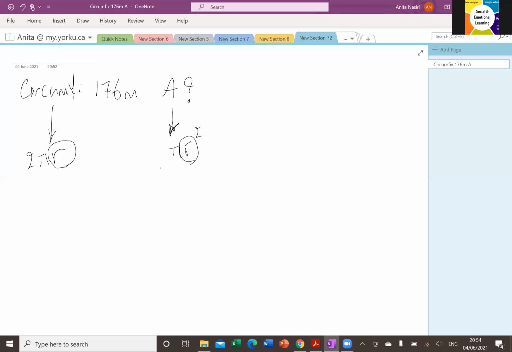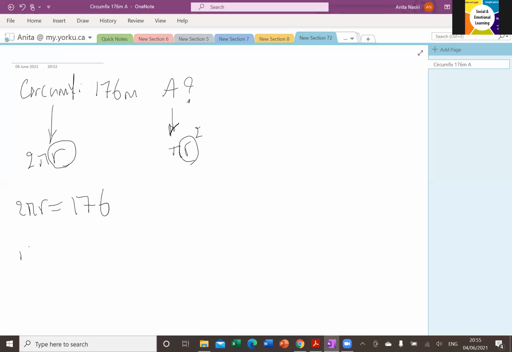So, the formula for the circumference is 2 pi r, we say 2 pi r is 176. We are looking for r. Why? Because if we calculate r, then it would enable us to put it into the area formula and calculate the area.